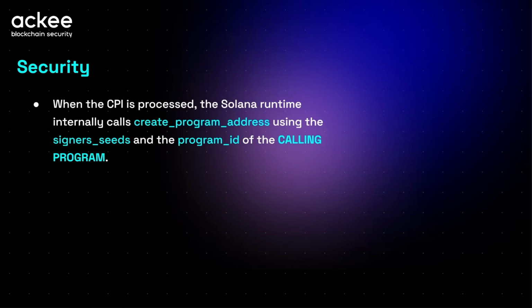So the seeds, bump, and program ID provided in the invoke signed will result in a different address. That means the address on input and this one will not match, so the second program does not have privileges to perform the invoke signed on behalf of the PDA.